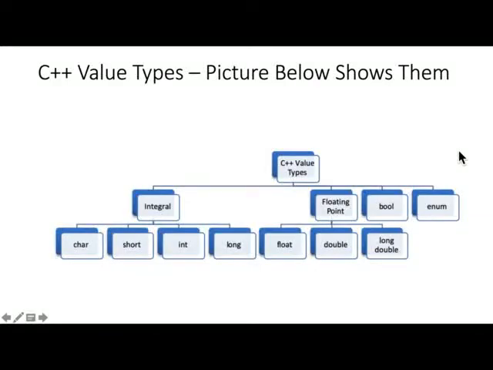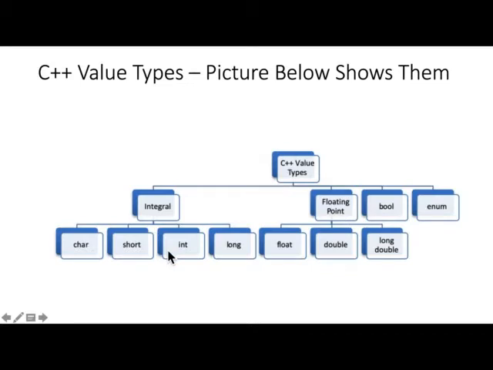Let's talk about value type, because that's the only type we're going to talk about henceforth. So value type could be integral, floating point, boolean, called bool, or enum, enumeration. Integral type could be char, which is a single character in a pair of single quotes, short, int, and long, and we'll discuss them shortly.